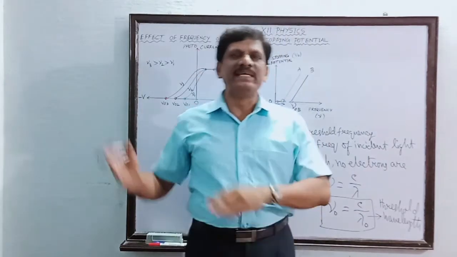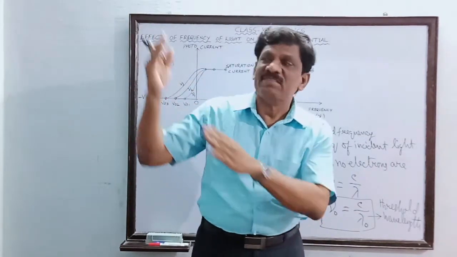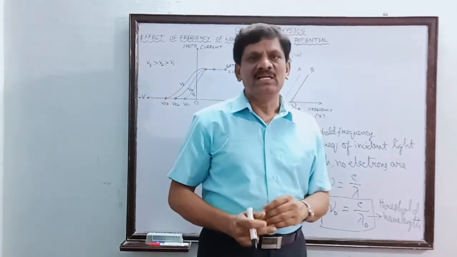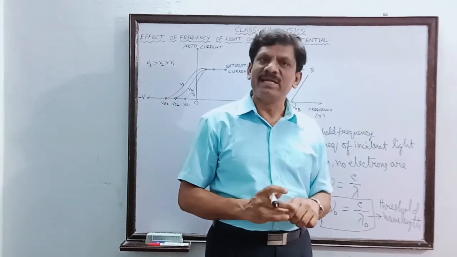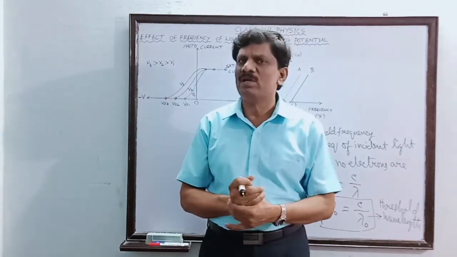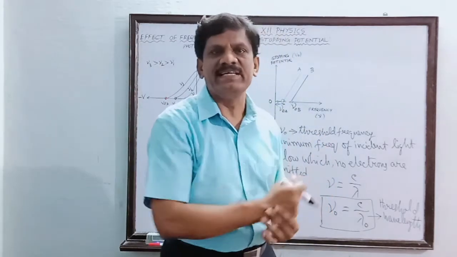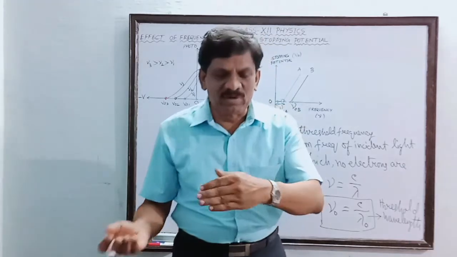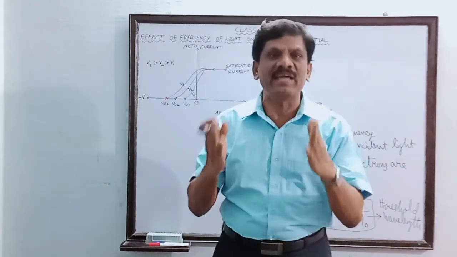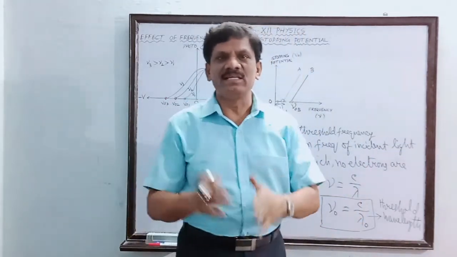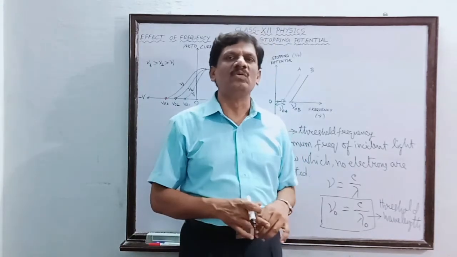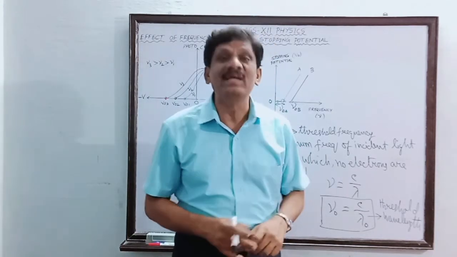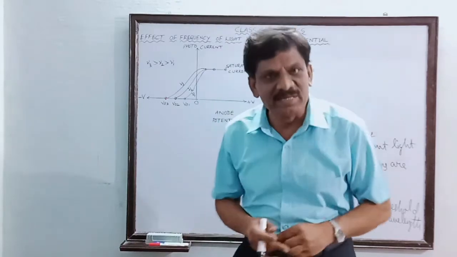Okay. If the incident energy is higher, energy is E equal to h nu. When I say the incident energy is higher, the incident frequency will be higher, so that the photoelectrons will be emitted with very high kinetic energy, and the stopping potential required to stop them also will be higher. Understand, my dear students?